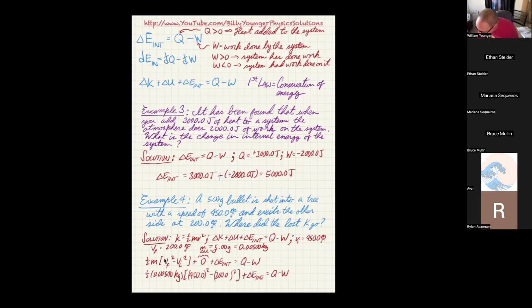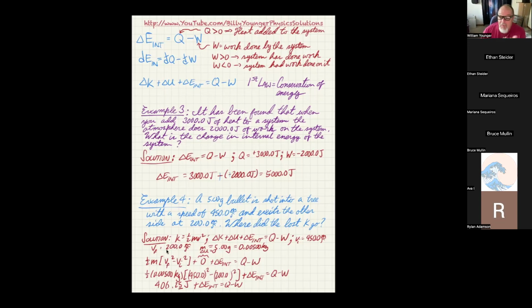Now I'm going to multiply that by 0.005 times 0.5. And that gives me 406.25 joules. And that's one extra sig fig there. Okay. Plus delta E internal equals Q minus W. Okay. So that's the actual loss in kinetic energy.